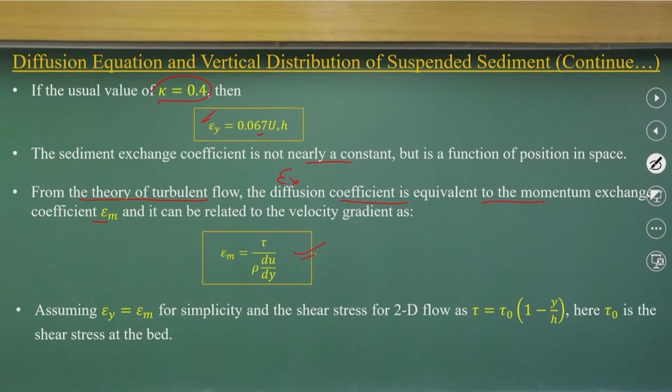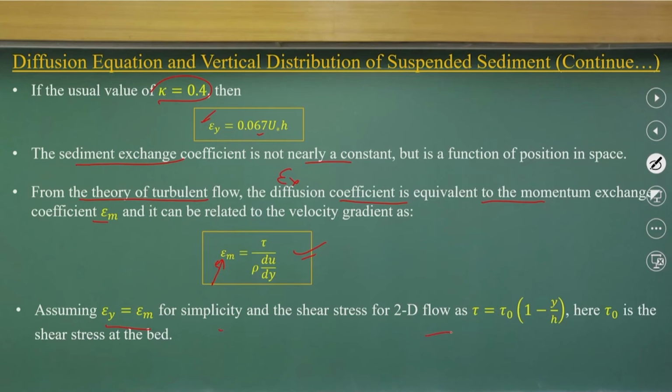If I solve it, it will give these equations. It is a very easy equation. So, that means the sediment exchange coefficient is equal to the momentum exchange coefficient for turbulent flow, for simplicity.